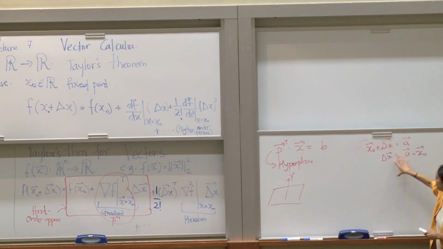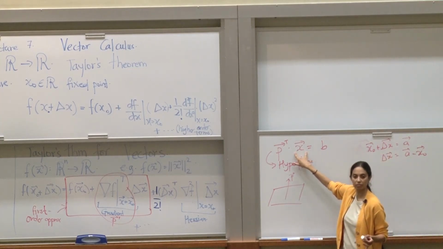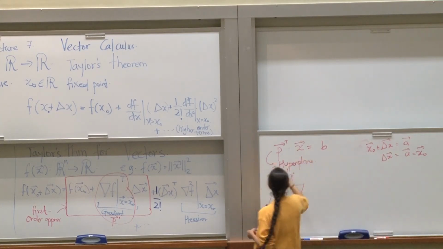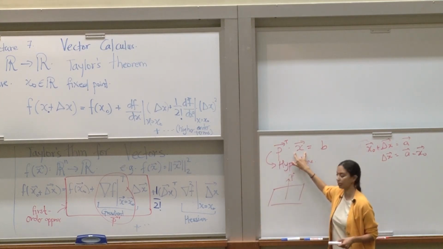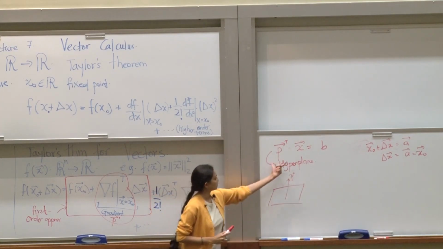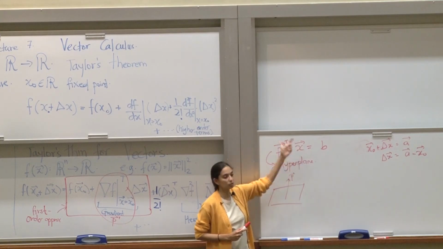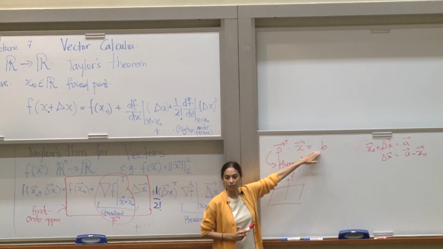However you want to think of this. All I want to say is that this is a generic set of vectors. And if I want P transpose times some set of vectors, what are all of the delta x vectors that are permitted to satisfy this? It's going to be everything such that P transpose x is equal to this particular b.